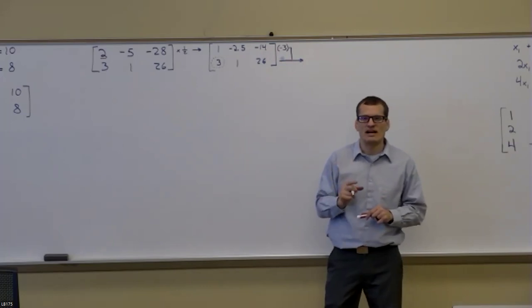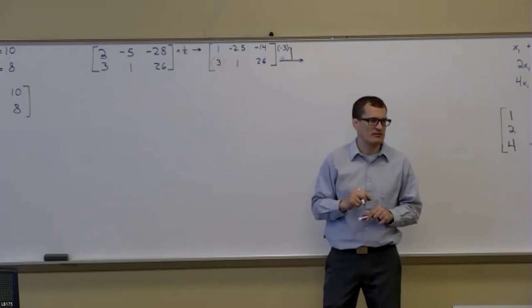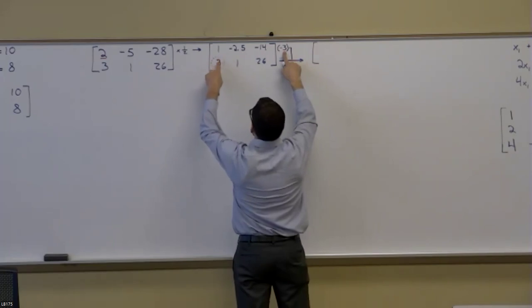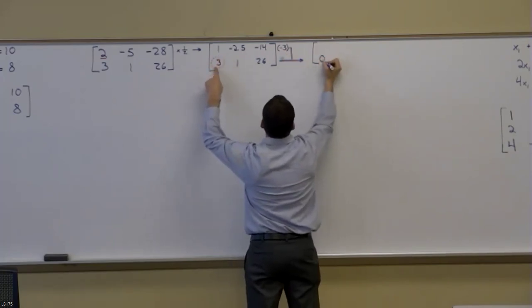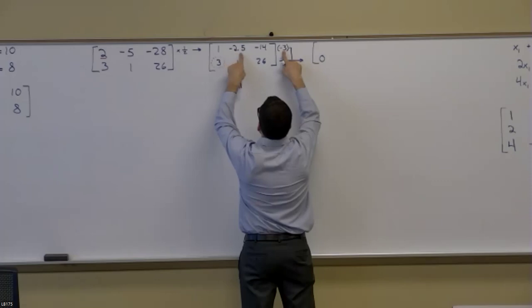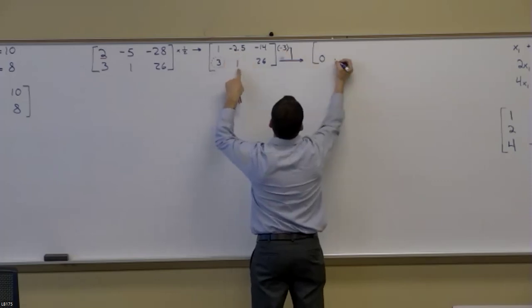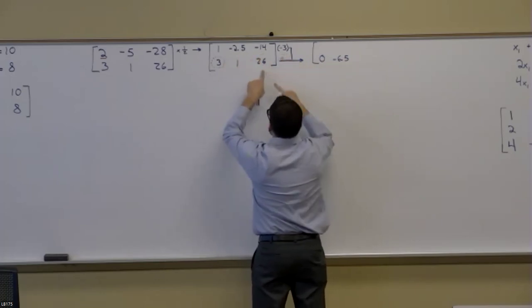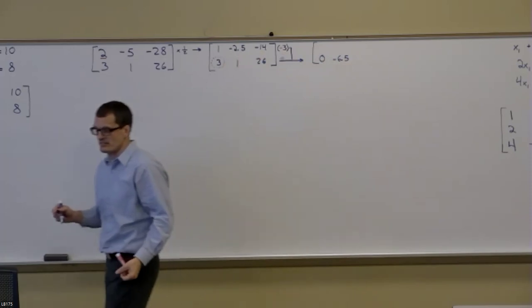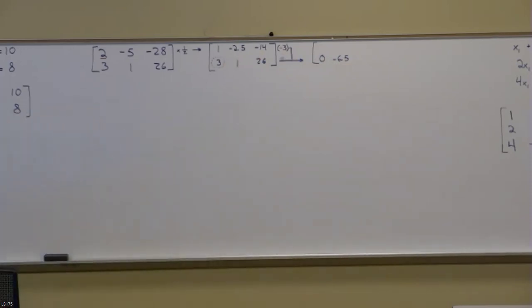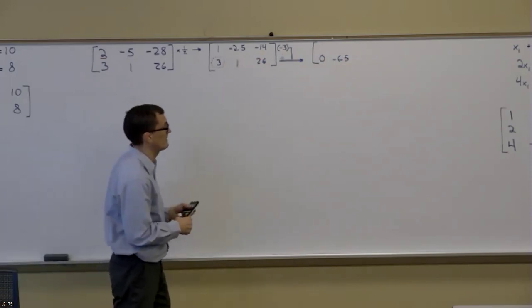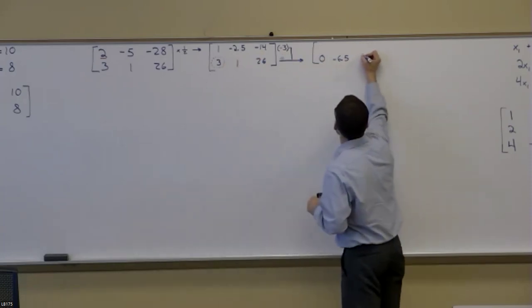Negative 3 times 1 plus 3 gives me a 0. Negative 3 times negative 14 plus 26 gives me 68.